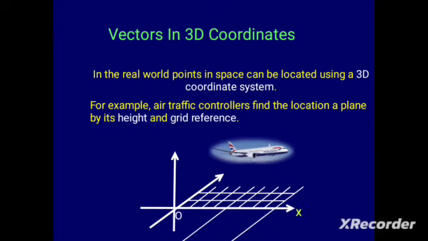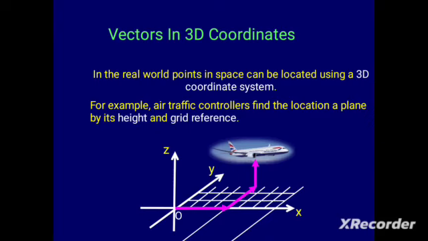So this is what we are talking about. We have the x coordinate, the y coordinate, and the z coordinate. This one is headed to x, this one is headed to y, and this is headed to z, which shows the height from the ground to where the plane is.